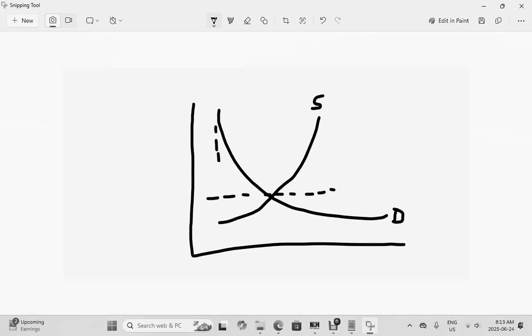Your consumer surplus will be the area beneath the demand curve and just above the equilibrium point. This is your consumer surplus. Let's label it as CS. And the area above the supply curve and beneath the equilibrium point will be your supplier surplus. Let's label it SS.